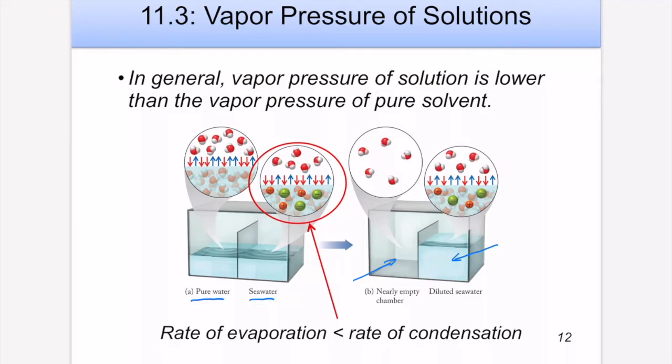And that's because the rate of evaporation of the seawater side is actually lower than the rate of condensation. Okay, so the seawater side still does have a vapor pressure. There is still some evaporation happening, but it's not happening as quickly as the pure water side. So that's why the water ends up on the right-hand side of the container rather than staying on the left-hand side.